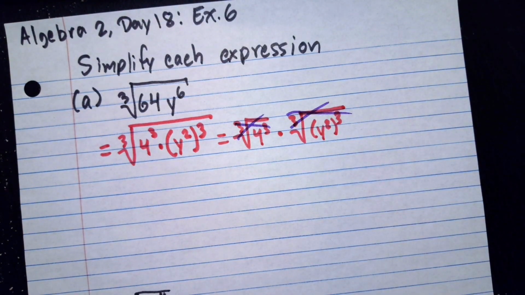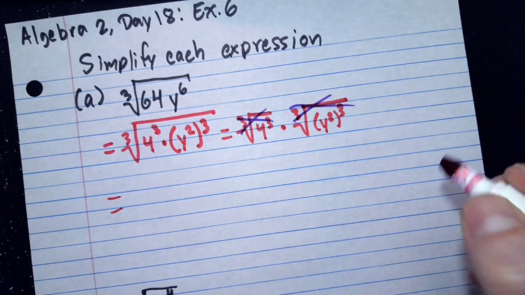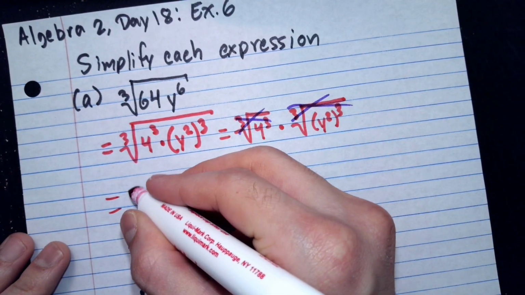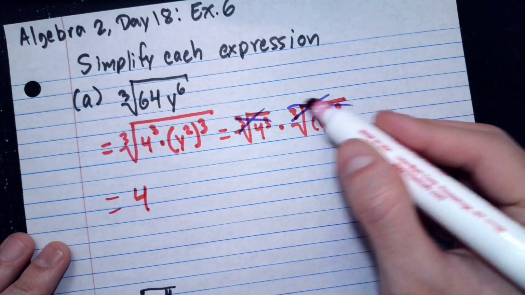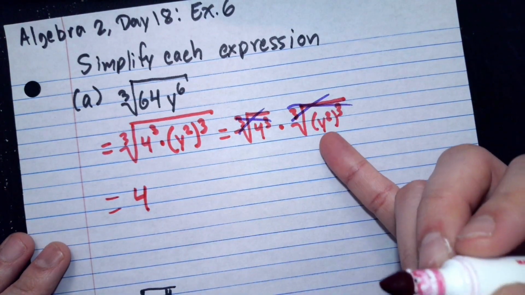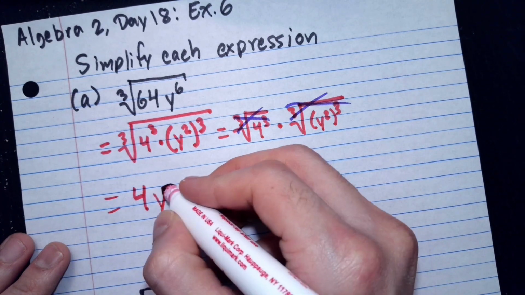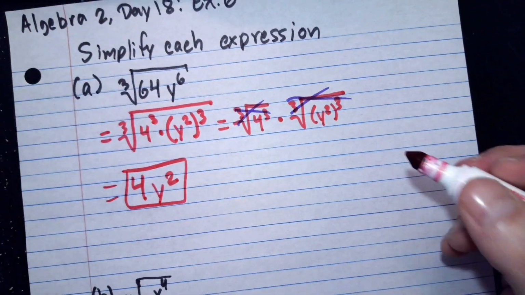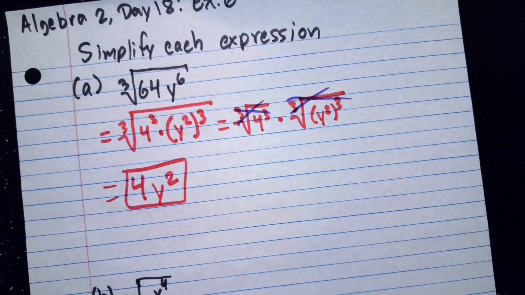So now we are left with the cube root of 4 to the third, which is just 4. And then the only thing that's left inside is y squared. So this right there is the simplified version of the expression in A.